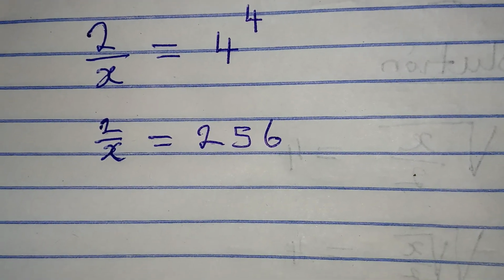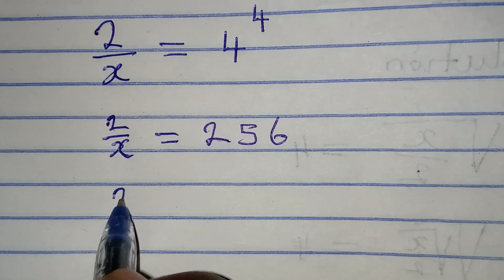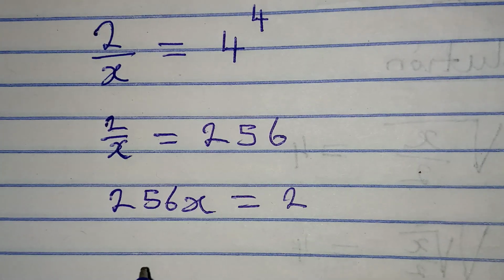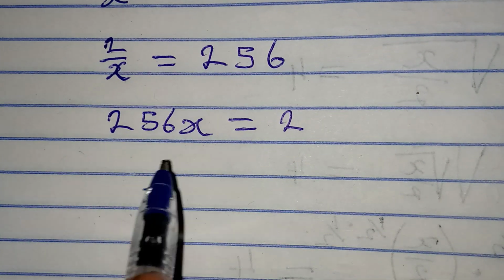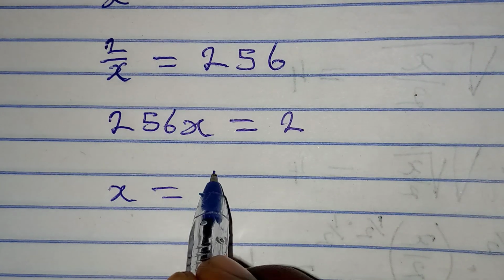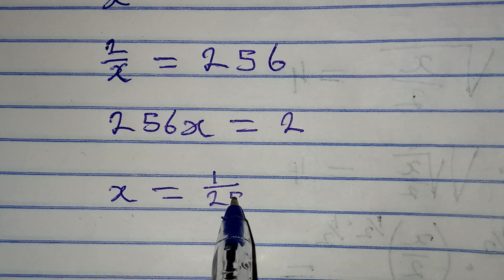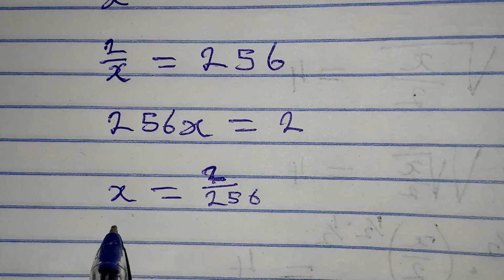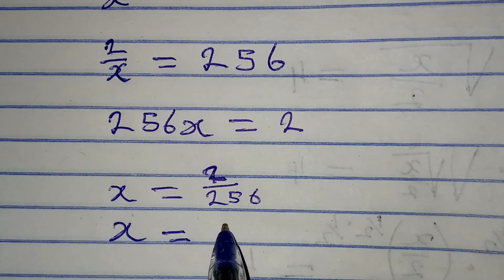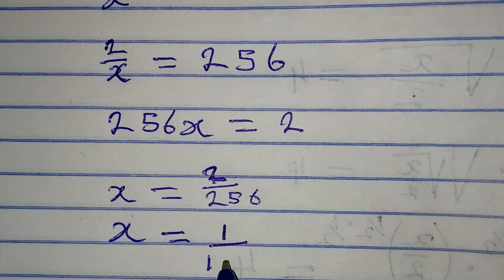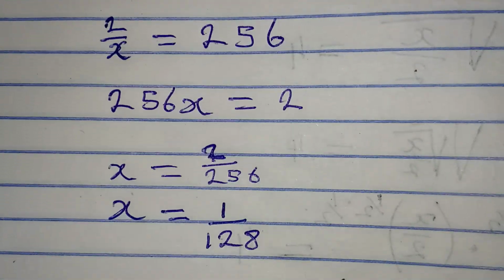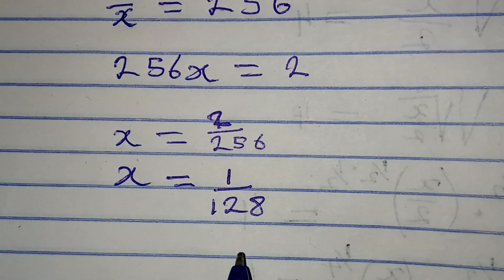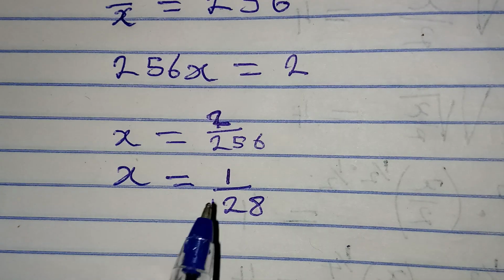Now, to get the value of x, we need to cross multiply, so that 256x will be equal to 2, meaning that x is equal to 2 over 256, and the value of x will be equal to 1 over 128, if you reduce 2 over 256 to its lowest term. Now, this is the value of x.